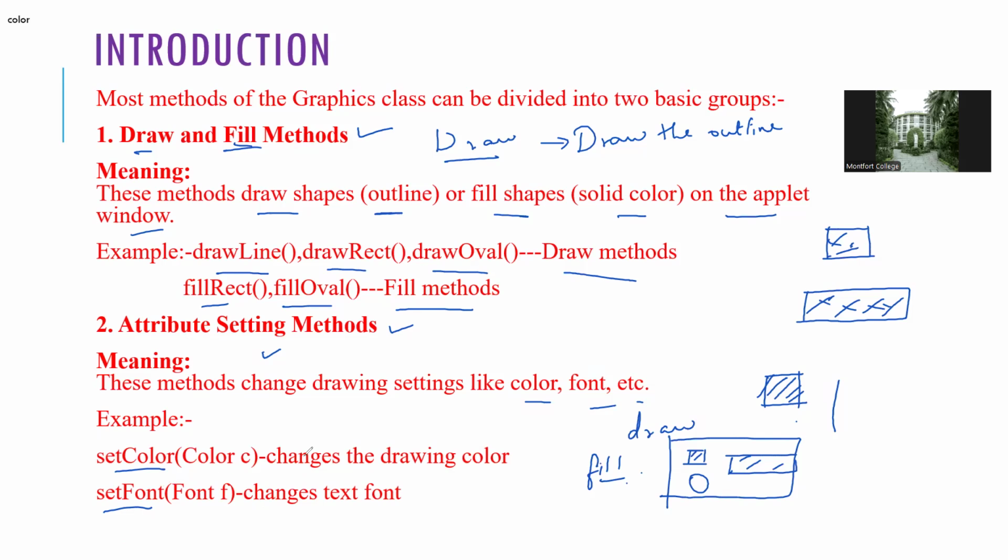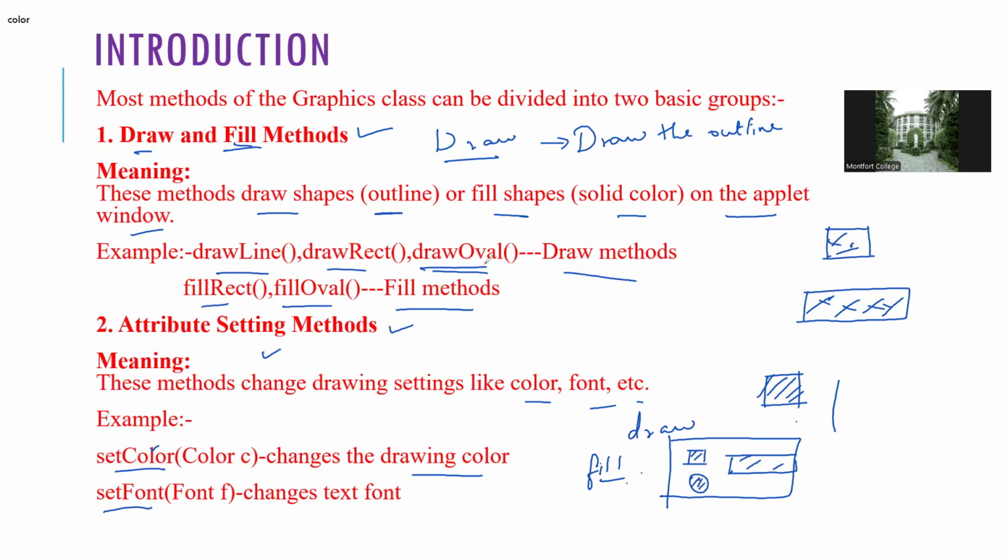setColor changes the drawing color. For example, if you want to change the color of the circle, you can use the setColor method before the drawOval method.